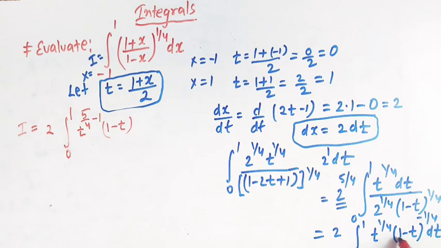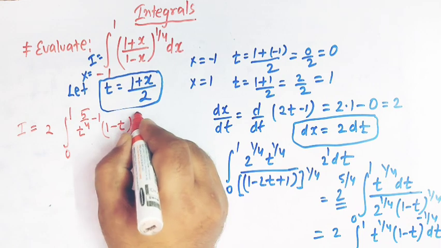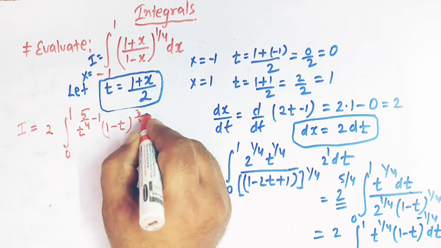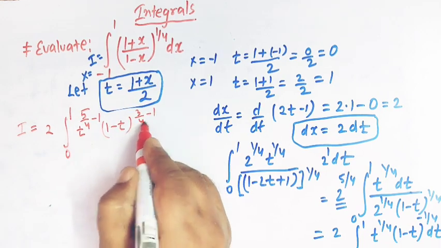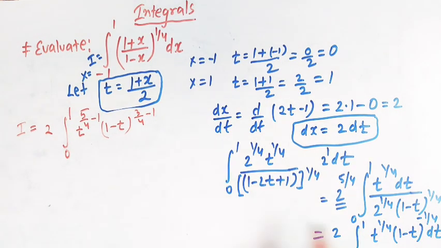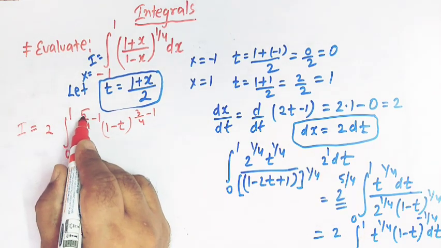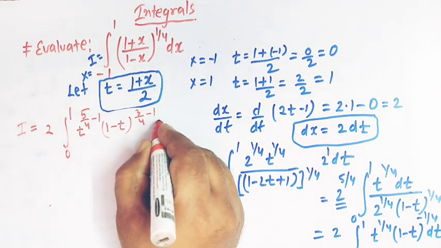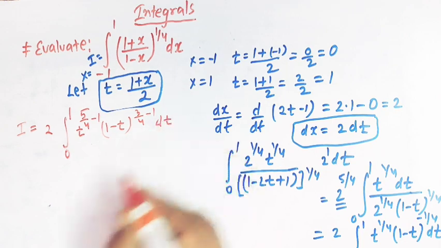So (1 minus t) raised to minus 1 over 4 can be written as (1 minus t) raised to 3 by 4 minus 1, because 3 by 4 minus 1 is minus 1 over 4, right? And t raised to 1 by 4, so 1 by 4 is equal to 5 by 4 minus 1, and here we have dt, right?